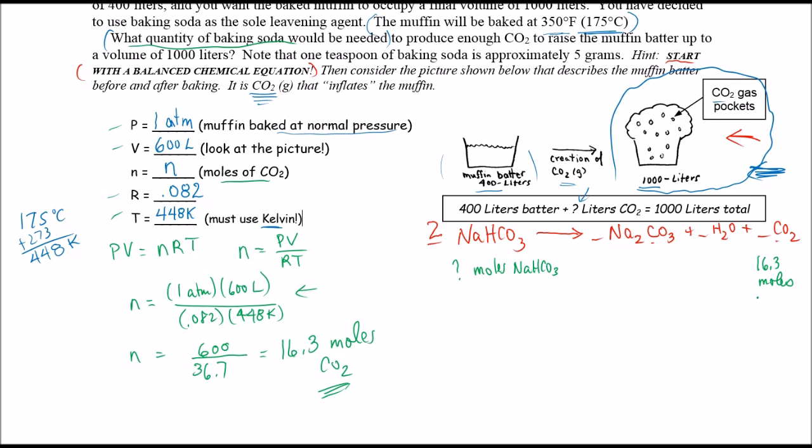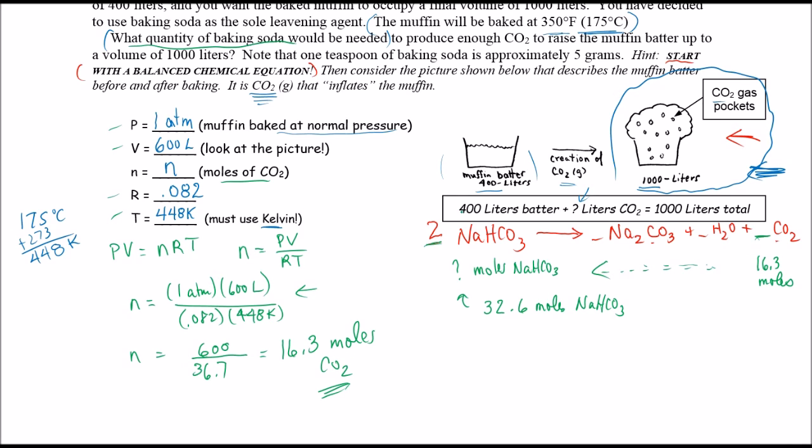So I'm hoping you see that it is a 1 to 2 mole ratio. So I will take a shortcut here. It's 32.6 moles of baking soda. All right, so that's just using the 1 to 2 mole ratio here. And that's why you balance your equation in the first place, to give you the mole ratios.